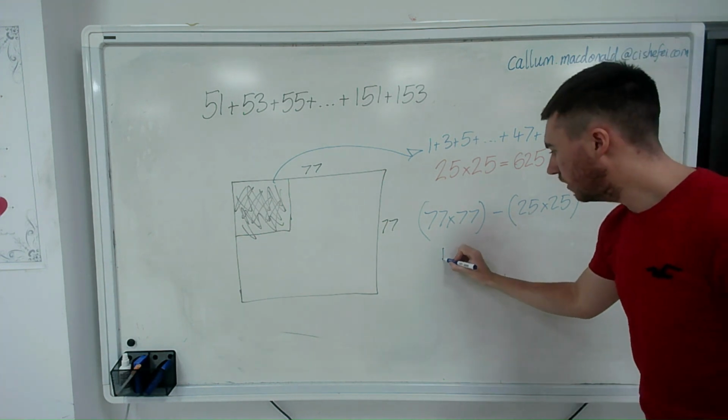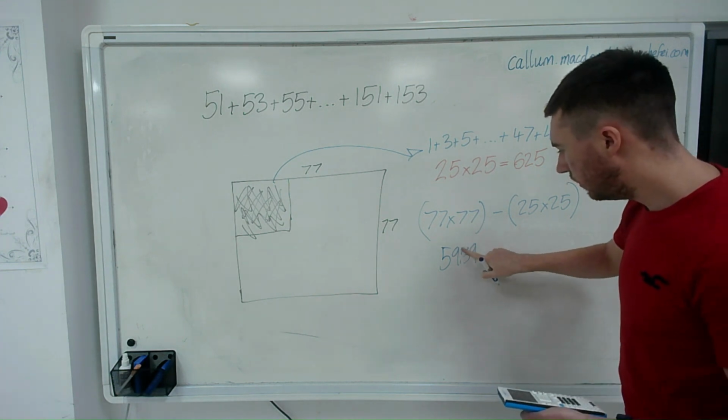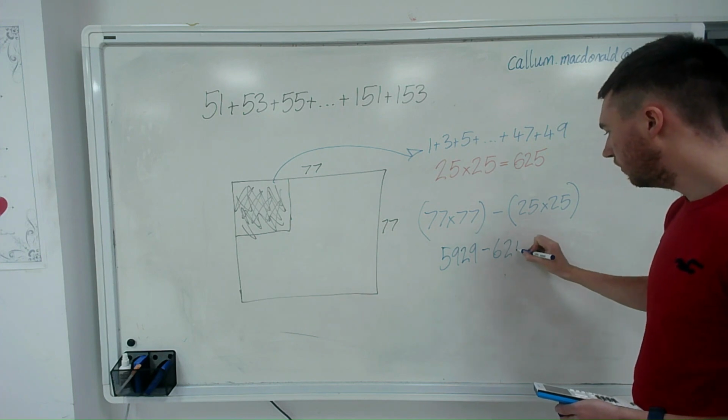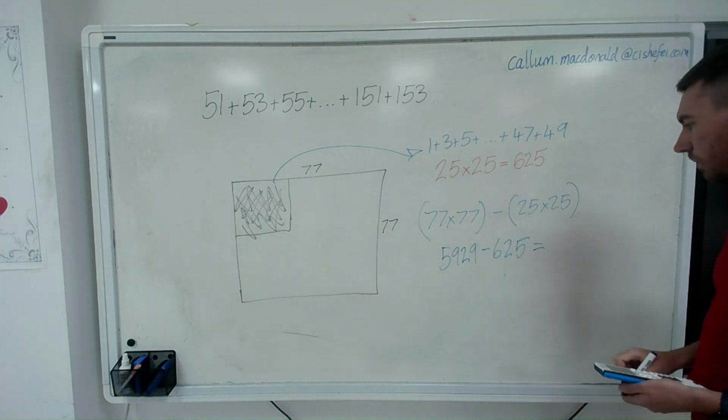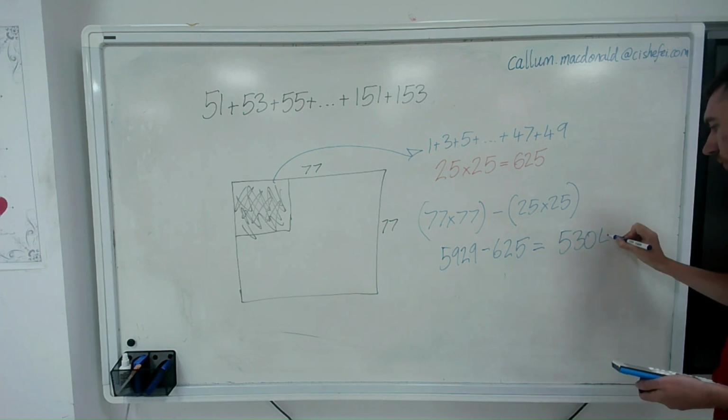And we get 5929, sorry, 5929 minus 625, which equals 5304.